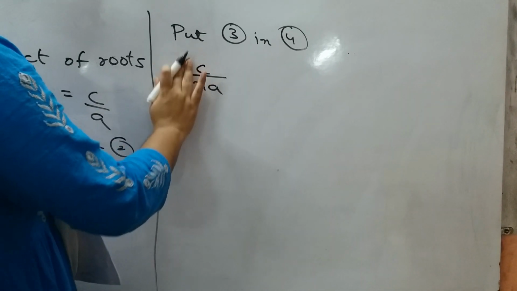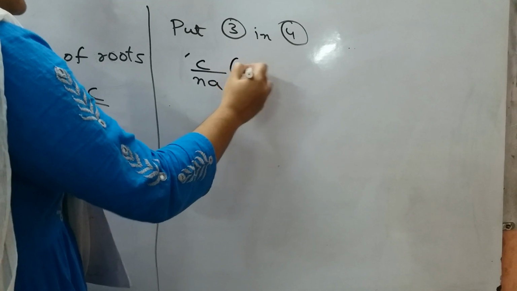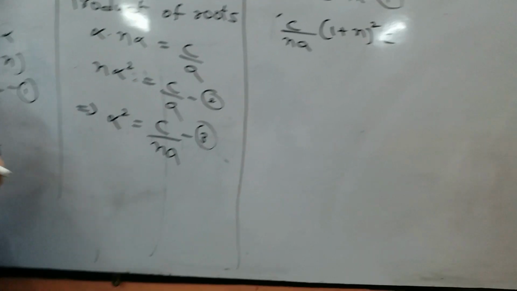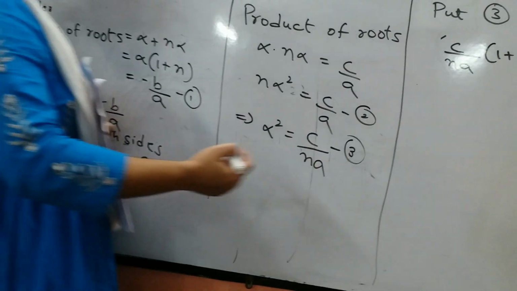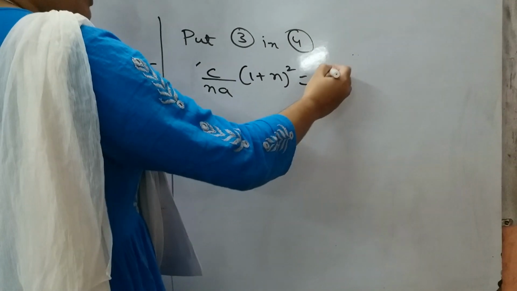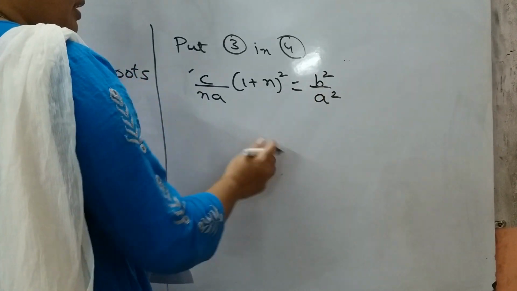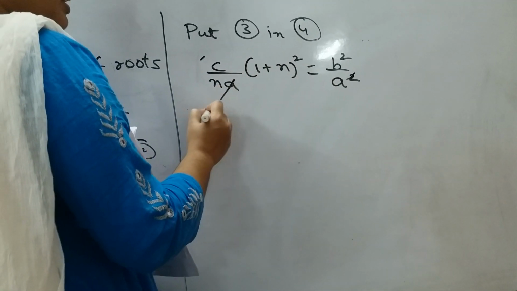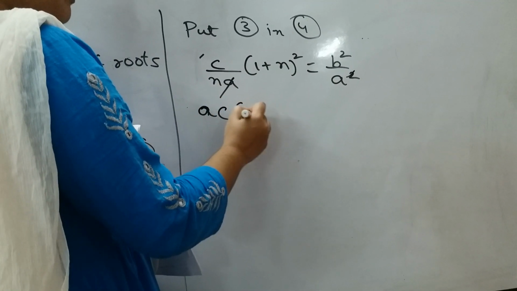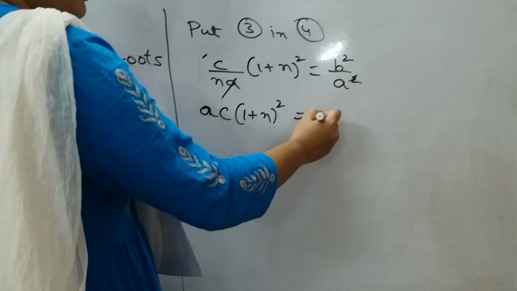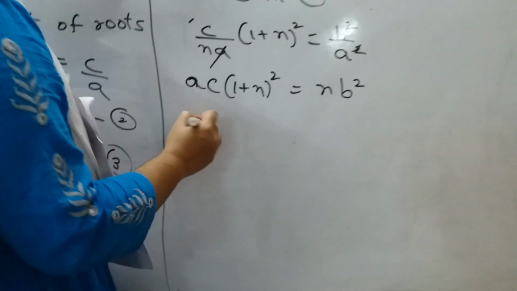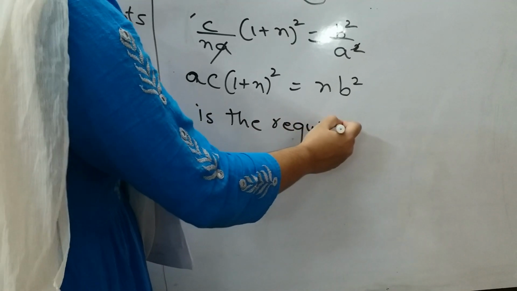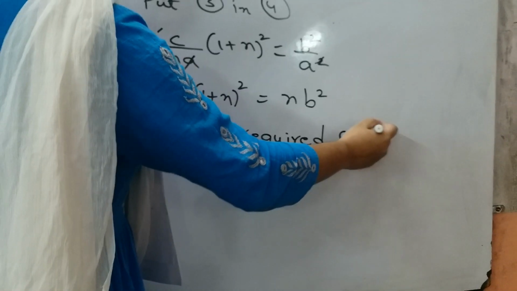This is c by na into (1 plus n) whole square is equal to b square by a square. Now a gets cancelled here, cross multiply. ac into (1 plus n) whole square is equal to n b square is the required condition.